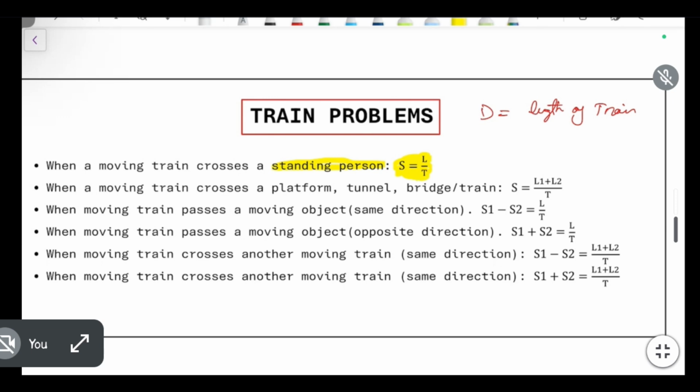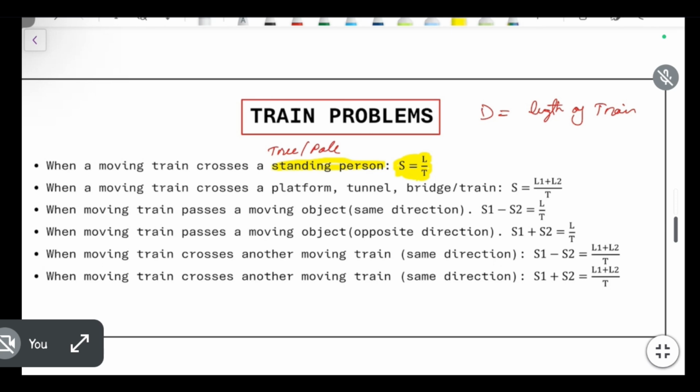Remember that. It may be a standing person, a tree, a pole, or electric poles, or many things will be given. So in that case we use this formula.